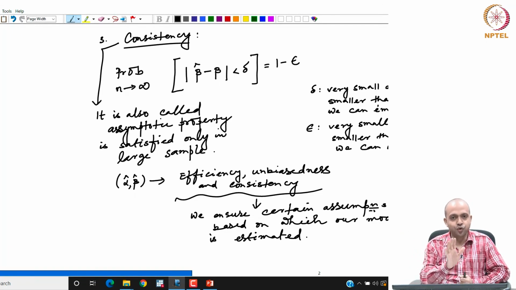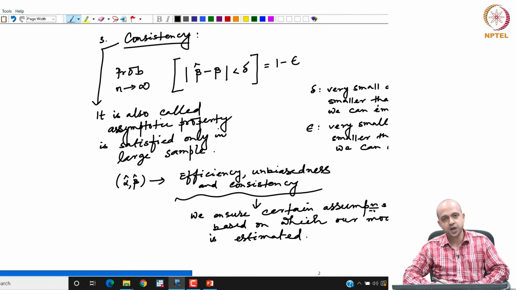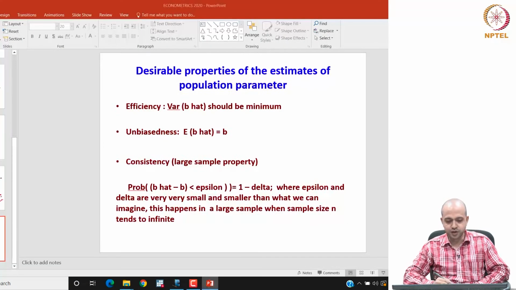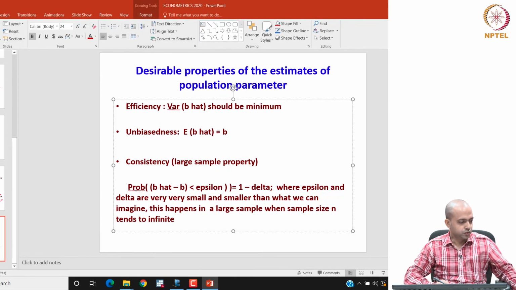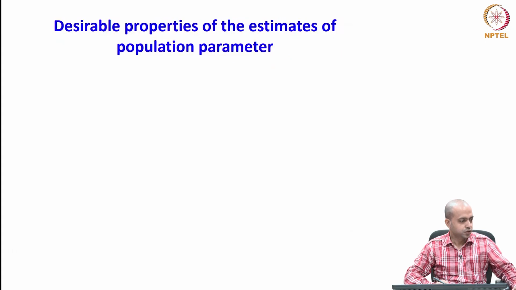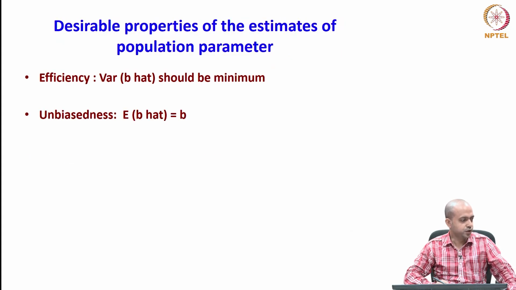So, right now what we have discussed is the properties they must satisfy, they must exhibit before we apply this alpha hat and beta hat for policy purpose. All right. So, these are the desirable properties.